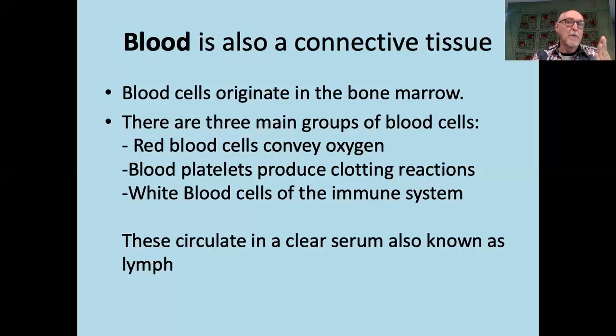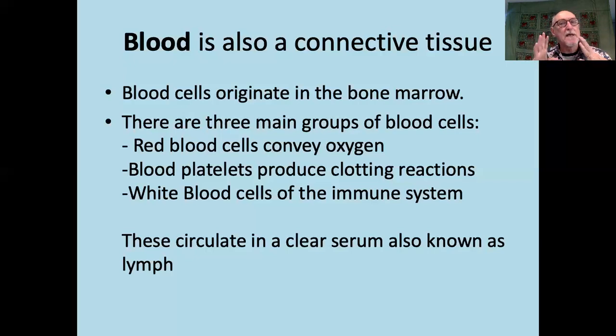The last group of blood cells are the white blood cells. The white blood cells are mainly involved in the immune system. There are many kinds of white blood cells. You'll see them referred to as the leukocytes, which simply means white cell.